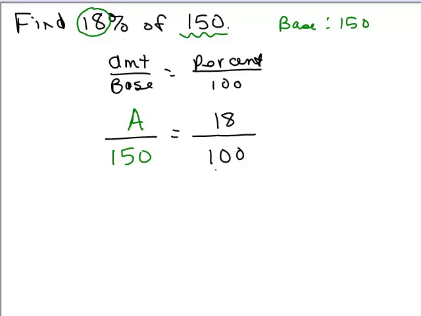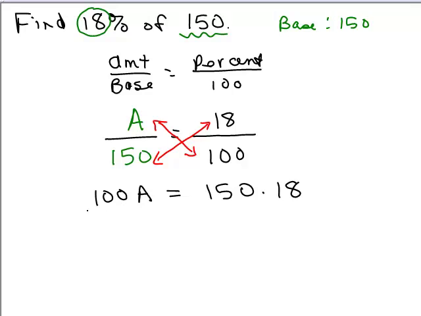All right, so now using proportions, I could do my cross multiplication. So I'm going to do A times 100 and 18 times 150. So A times 100, I'm going to write that as 100A equals 150 times 18. And then we'll divide both sides by 100. All right, now we have to reduce this.